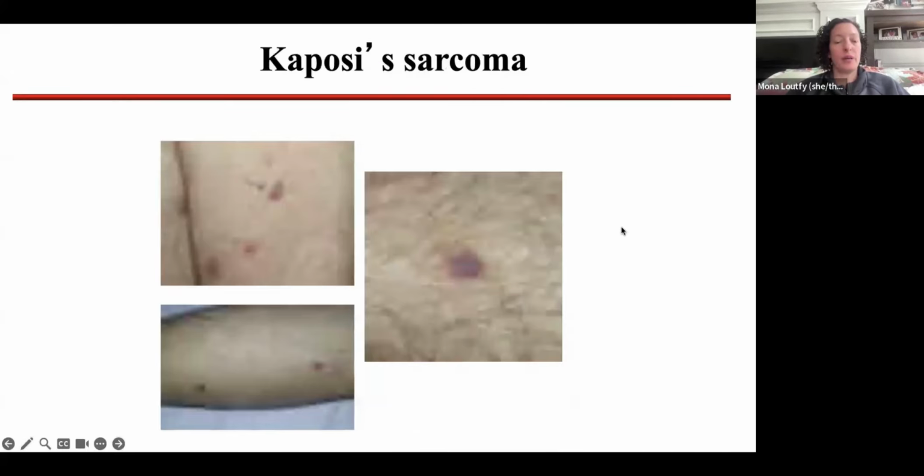Kaposi sarcoma is actually caused by a virus, HHV8, human herpes virus 8. If you saw the movie Philadelphia, in that movie, the lawyer had Kaposi sarcoma.